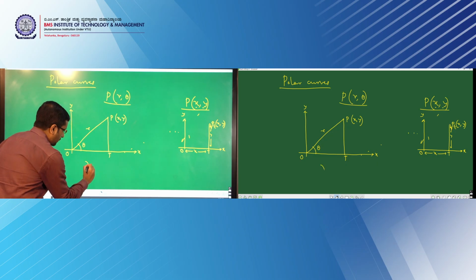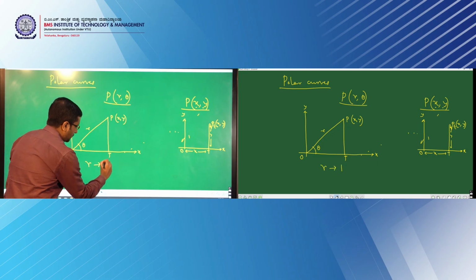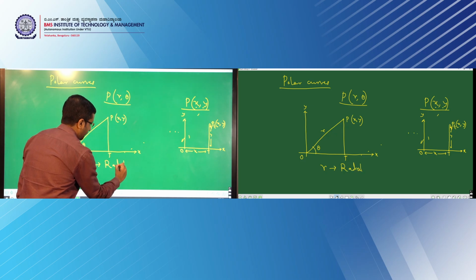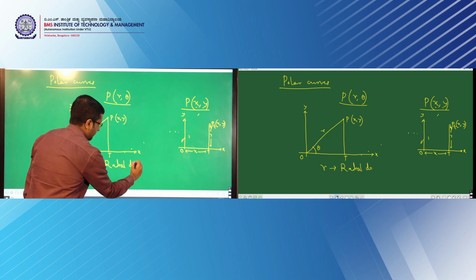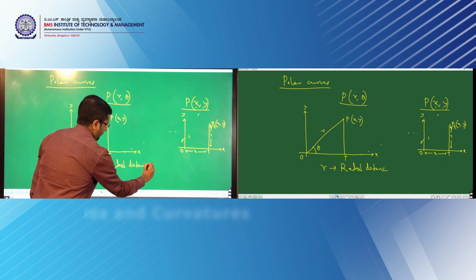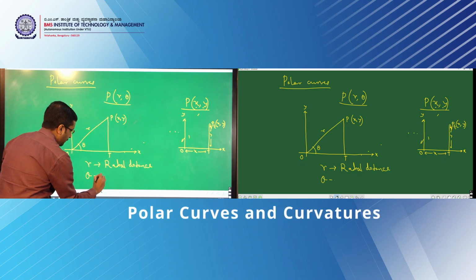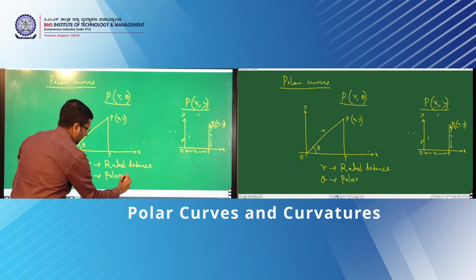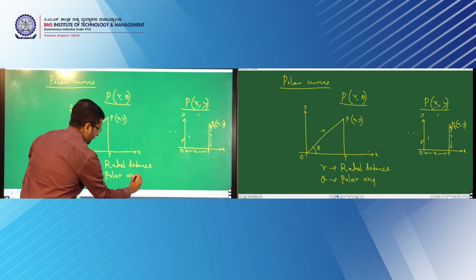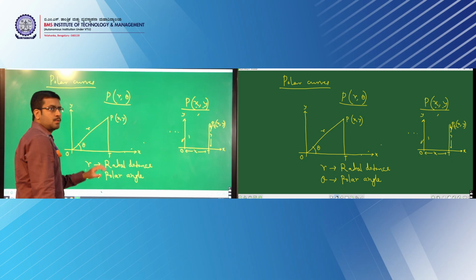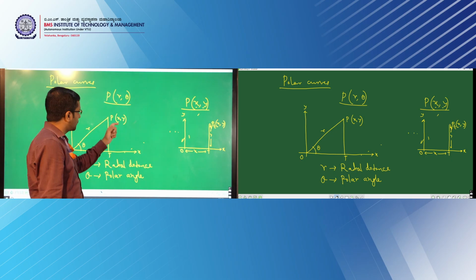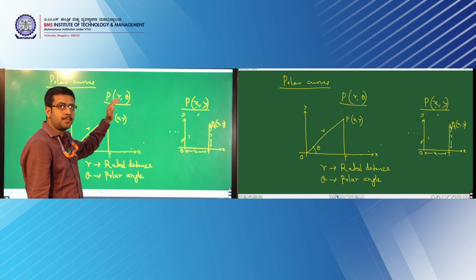This r is called the radial distance, and theta is called the polar angle. These two are the basic things for a polar coordinate. First comes polar coordinate, then we will go to polar curves.